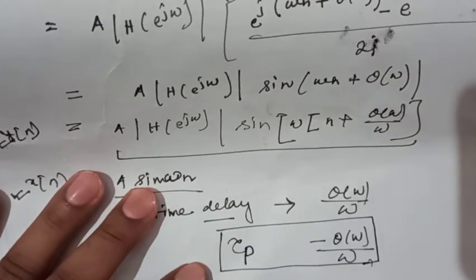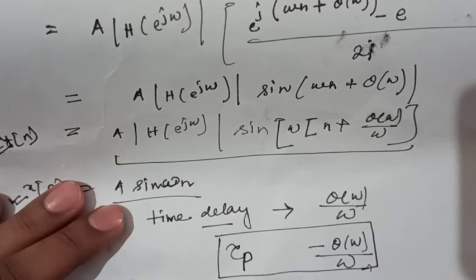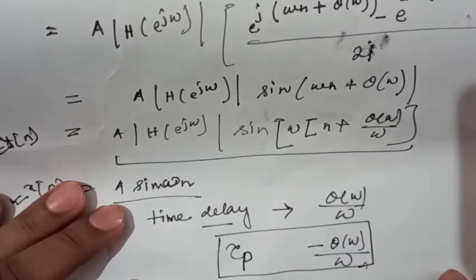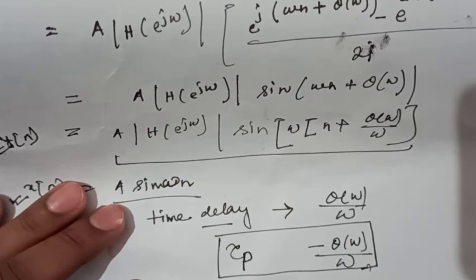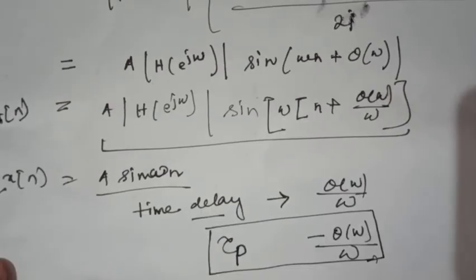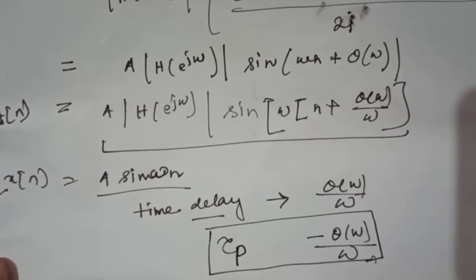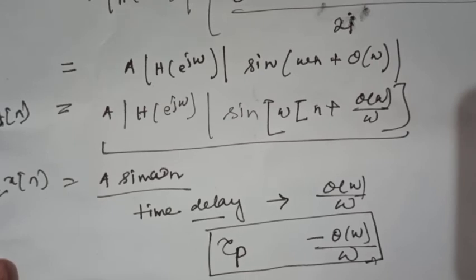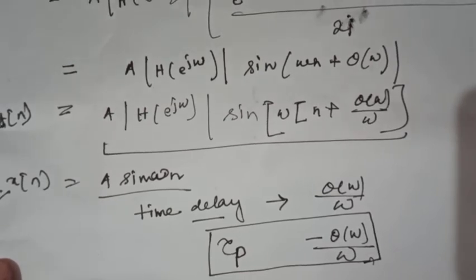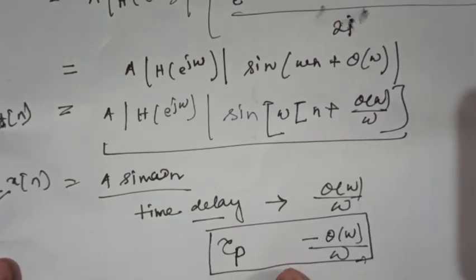This is very important while analyzing the discrete time LTI system. Generally, the filter we'll talk about later. Now, if the input signal contains many frequencies that are not harmonically related, and it is being processed by your LTI system, in general we call it a filter, then each component in the signal undergoes a different phase delay.